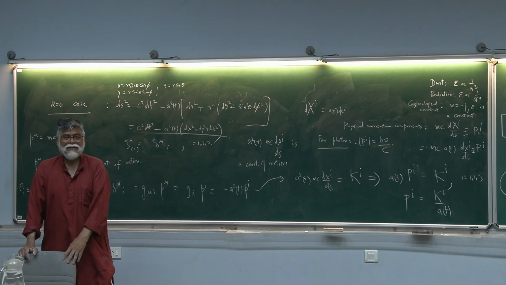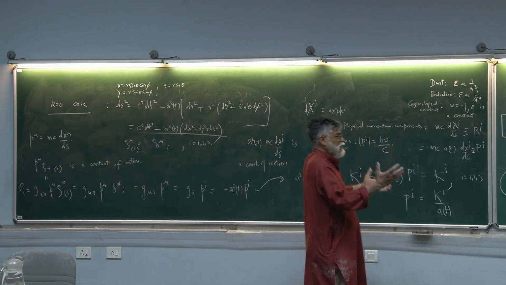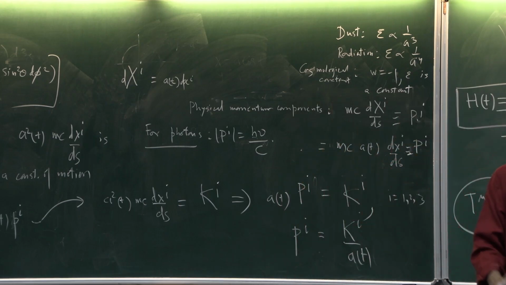That's the reason why the cosmic microwave background radiation, which is black body radiation, as the universe is expanding, has a temperature going down as 1 over scale factor. So today the cosmic background radiation has a temperature of 2.725 degrees Kelvin.